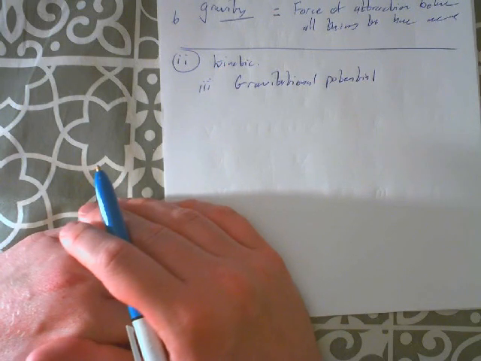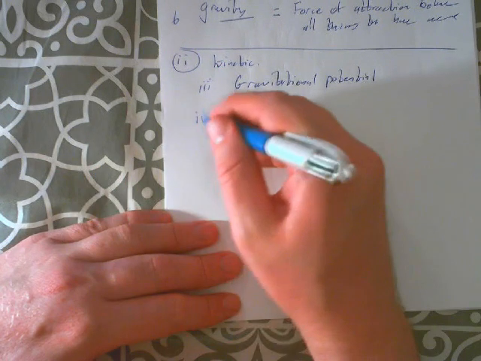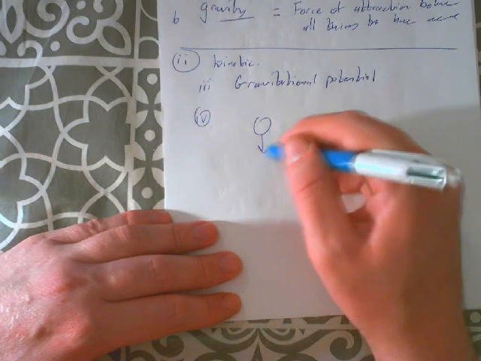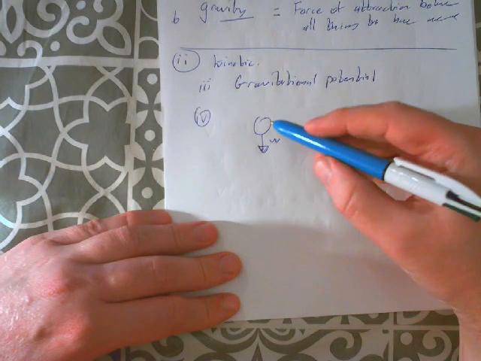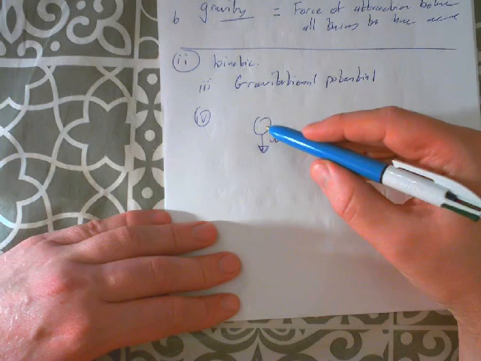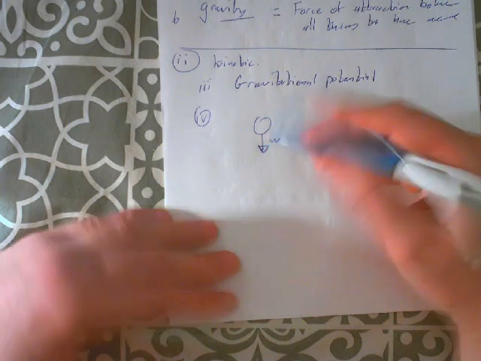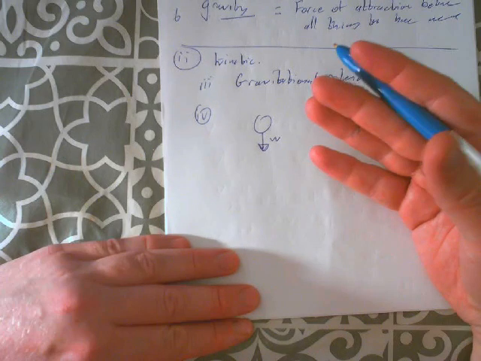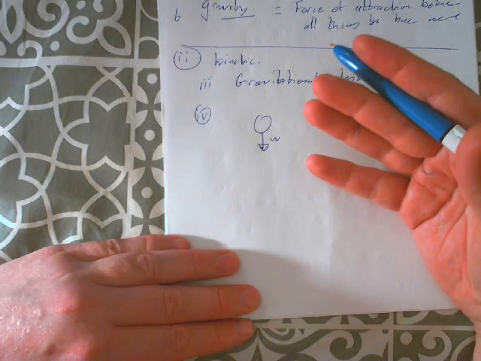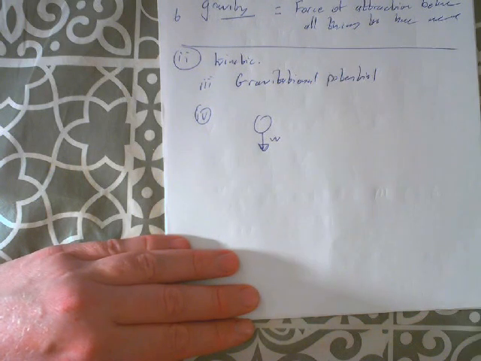Why do the occupants experience apparent weightlessness at the pod's highest point? Well, at the pod's highest point, gravity is still pulling it down, but there's no reaction force pressing against it. So they're in free fall. They're falling at the same velocity as the pod itself. If you're moving at the same velocity as something beside you, it seems that you're weightless, that you're just rolling along with it.